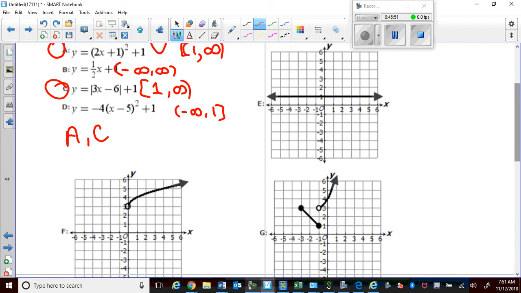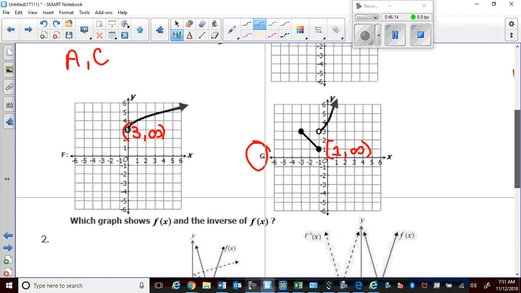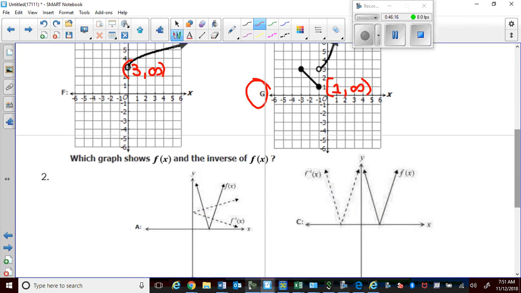E doesn't work because the range here, Y only equals 1. For here, the range starts at 3, goes to positive infinity, doesn't work. For G, the range starts at 1, goes to positive infinity, does work. And that was it. So those are my answers.